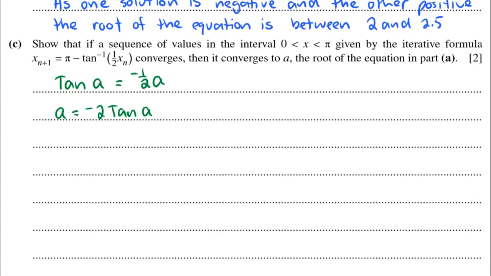So instead of x n plus 1 and x n, as we know, when we do the iterative process, we would introduce those concepts into the term. We can just write what they gave us as x is equal to pi minus the inverse tan of x on 2.